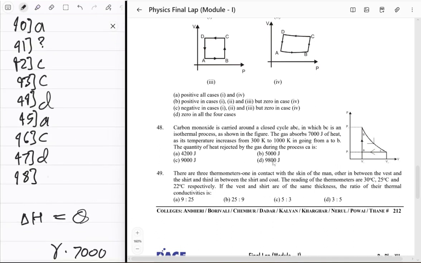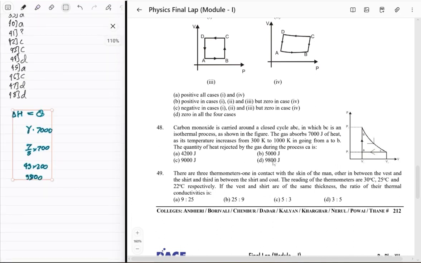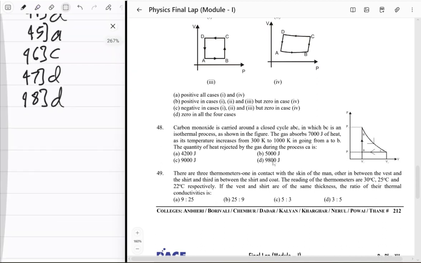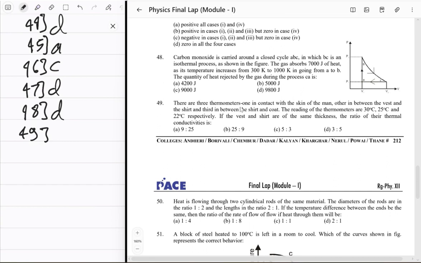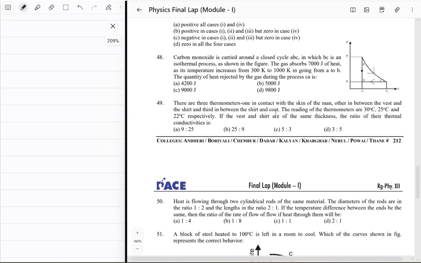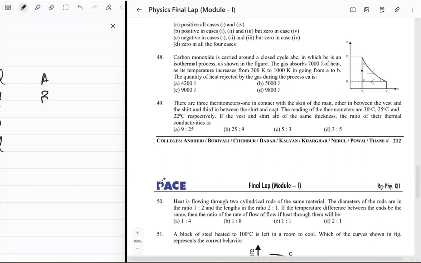Next question. 49. There are three thermometers, one in contact with the skin of the man, कौन सा? Other in between the vest and shirt, and third in between the shirt and coat. Okay, thermometers है तीन. One in contact with skin of man. Oh God, seriously, इसको मैं thermometers का नाम दे देता हूँ ABC.